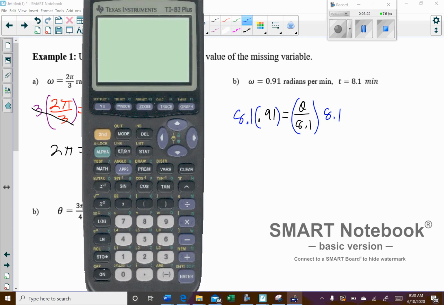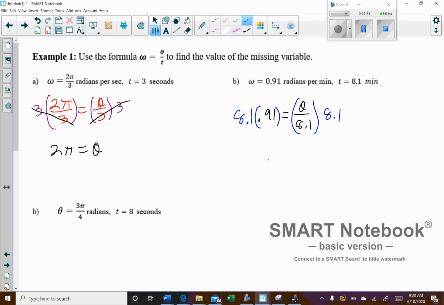When we do that, you can see on my calculator, you're going to get 7.371. We're talking about theta, right? So theta is equal to that, and that will be radians.